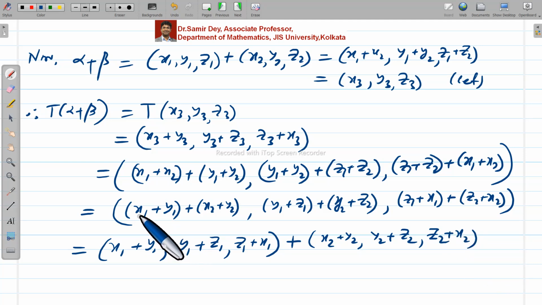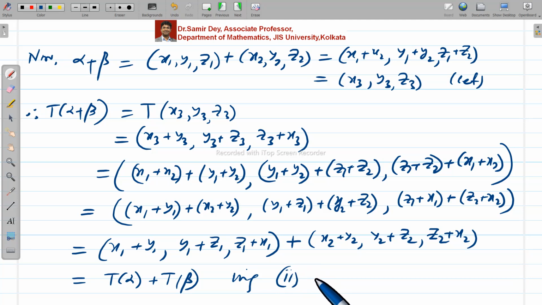Okay, basically this one plus this one. So basically it is nothing but T alpha plus T beta. This is your T alpha and this is your T beta. So it is coming using equation number 2 and equation number, clear, these two. Okay, so first condition is satisfied.